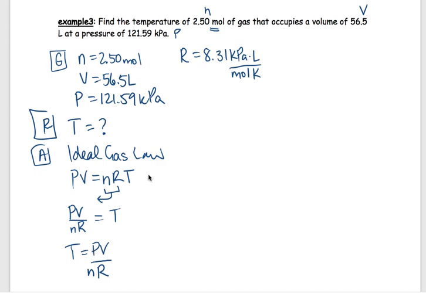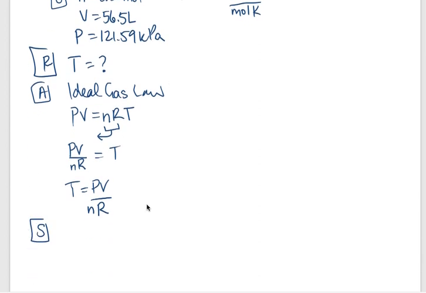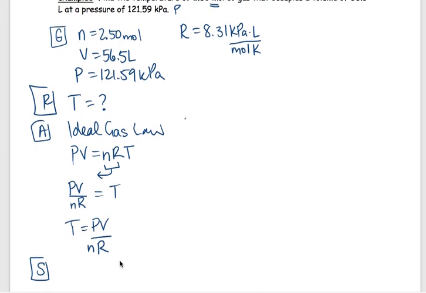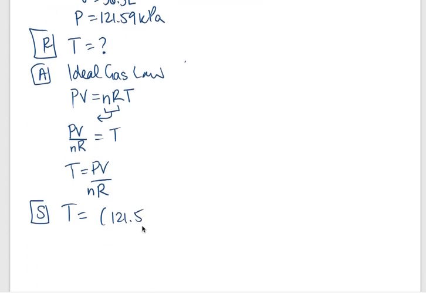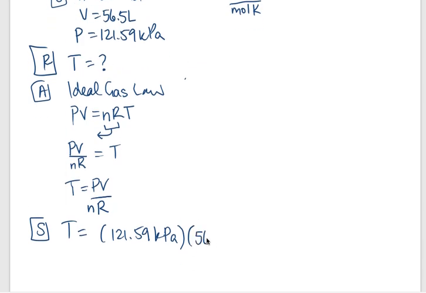So we don't have to make any conversions or extra steps here. We just have to plug it all in. Okay, let's do that now. All right, so pressure is 121.59 kilopascals. The volume is 56.5 liters.